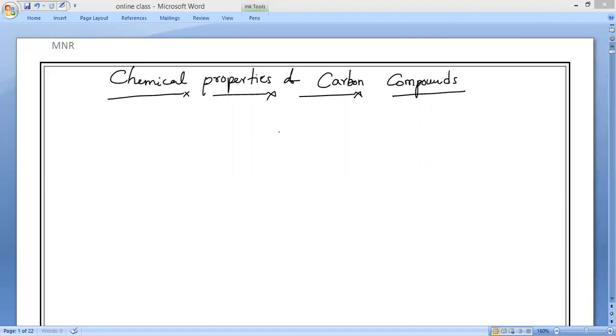In today's class, we are going to start the next concept: chemical properties of carbon compounds.